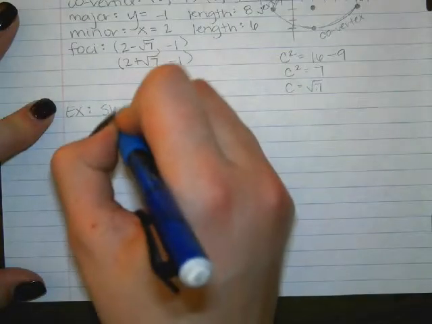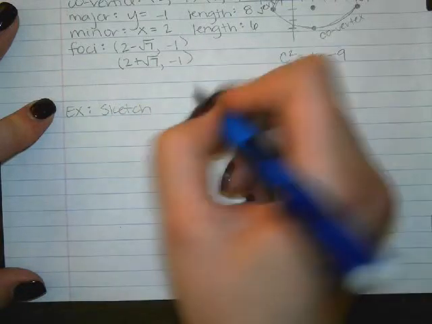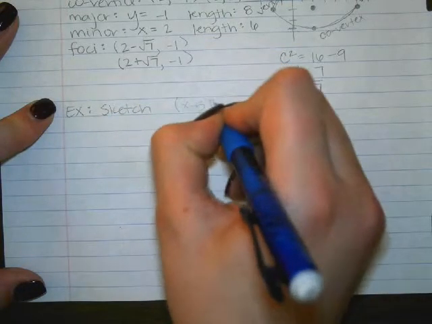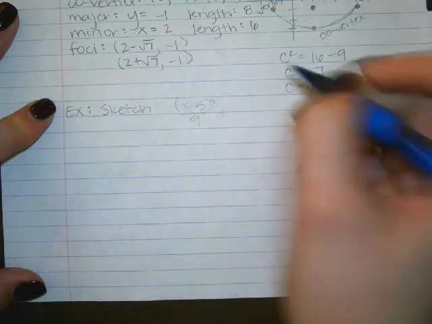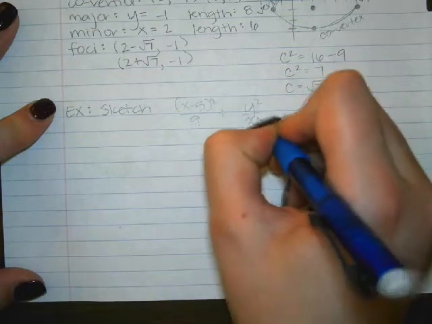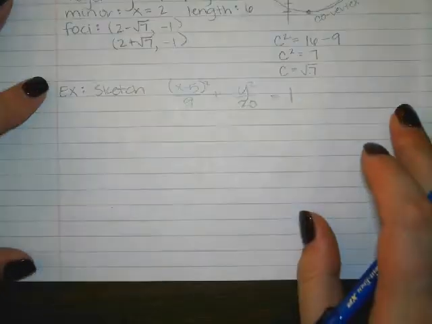We're going to sketch x minus 5 squared over 9 plus y squared over 20 equals 1.